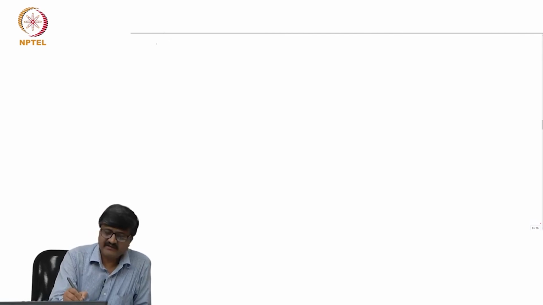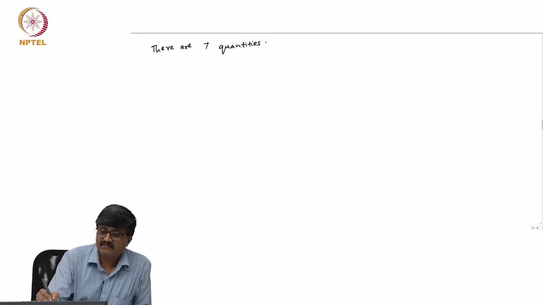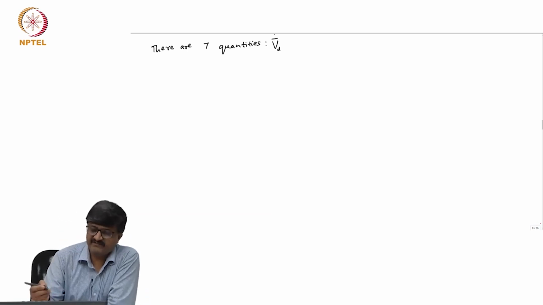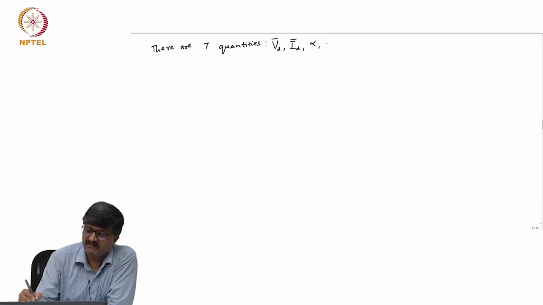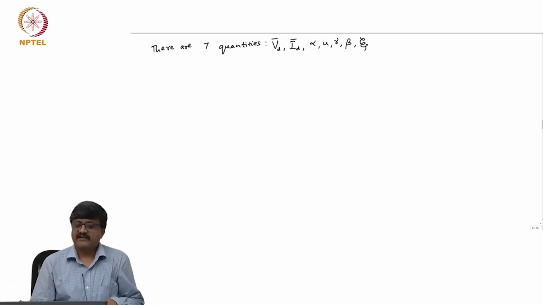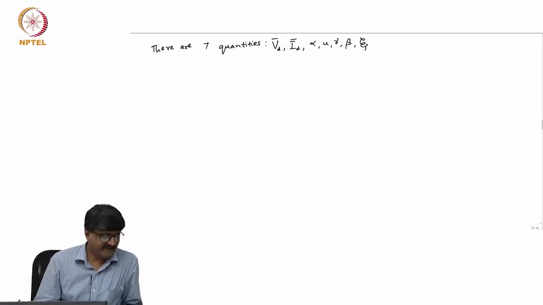Let me write down what they are: VD bar, which is the VD in per unit, ID bar, which is ID in per unit, alpha, U, gamma, beta and psi. So there are 5 angles, the voltage VD bar and the current ID bar.